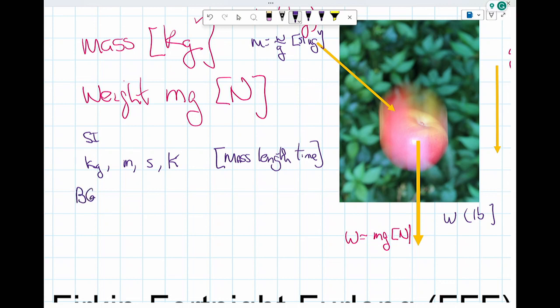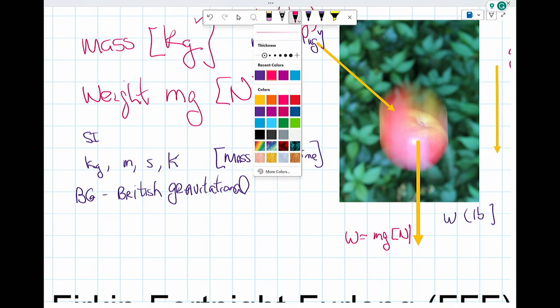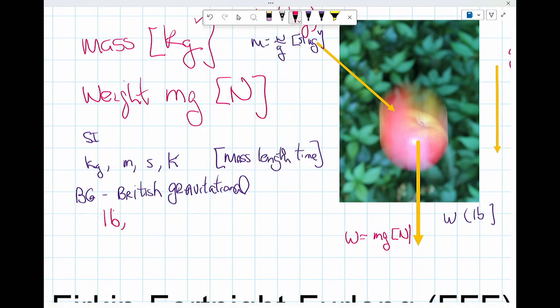British gravitational is pounds force, feet, seconds, and degrees Rankine, and that is a force, length, time system.